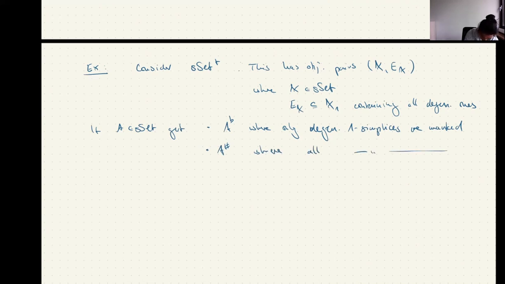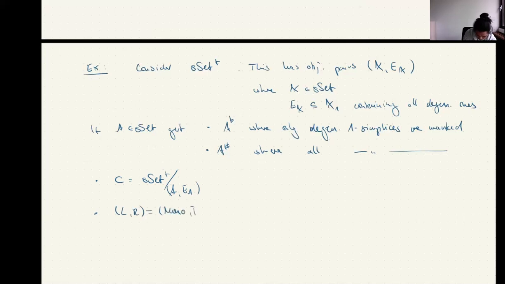Okay, and now in this setting, take simplicial sets over a marked simplicial set. Take as a weak factorization system, again, monomorphisms and those with the right lifting property with respect to those.